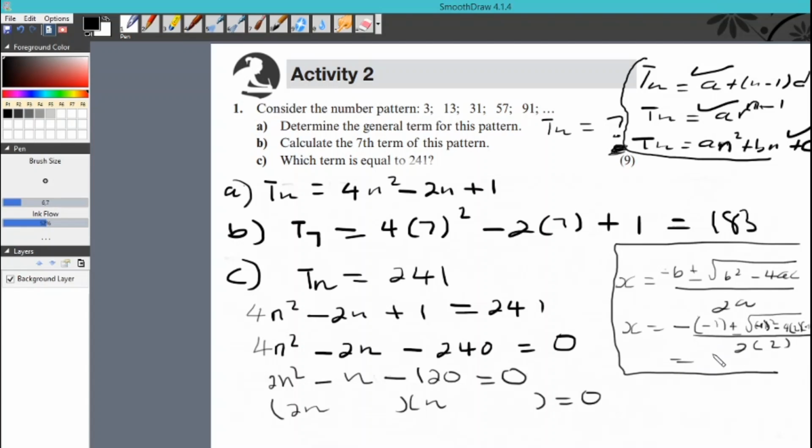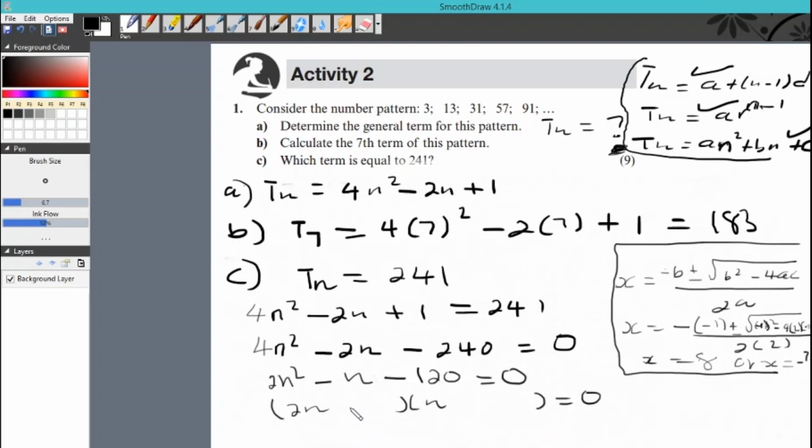So you find that x is equal to 1 plus or minus the square root of 1 squared minus 4 times 2 times minus 120, divided by 2 times 2. x is equal to 8, or x is equal to minus 7.5, sorry, minus 7.5, right?